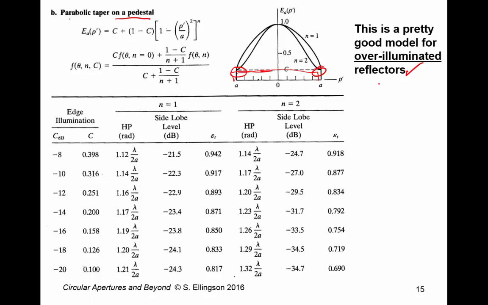Let me explain that. Here is a two-dimensional diagram of a reflector antenna. And you know that the way reflector antennas work is by bouncing waves off the reflector, and they're collimated and they all go in the same direction. Well, we can think of the fields then from a reflector antenna as being a disk in front of the reflector.